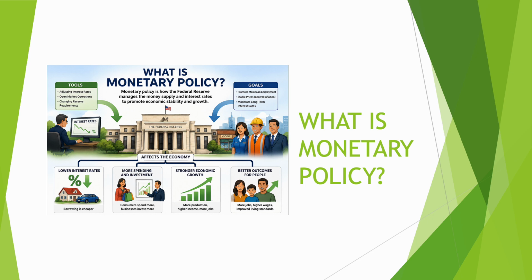The for dummies version is the Fed is basically the economy's thermostat. If the economy gets too cold, they turn up the heat. If inflation gets too hot, they cool it down. An example from the real world would be when inflation got high in 2022, the Fed raised interest rates to help slow down spending.